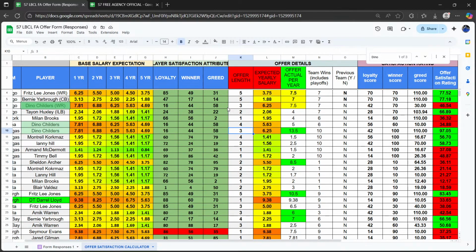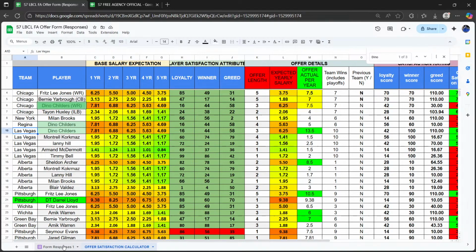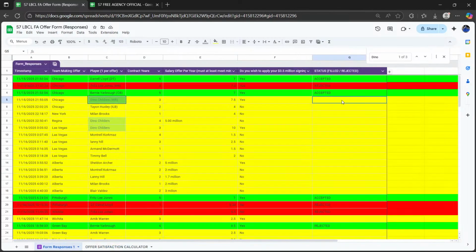First time you beat me, right? 3 by 7.5 wasn't good enough. Didn't meet the mark. 4 by 5 obviously wasn't good enough if 3 by 7.5 wasn't good enough. And so obviously the 13.5 million over 3 years gets the golden goose and the highest satisfaction rating that we've seen so far. So Vegas gets Dino Childers, and Regina does not.